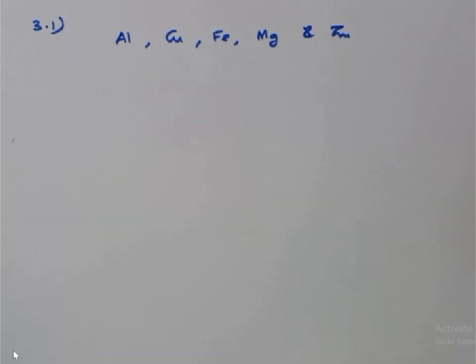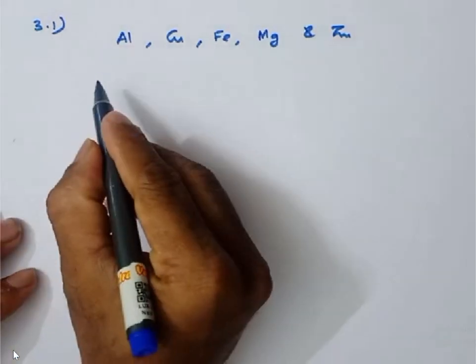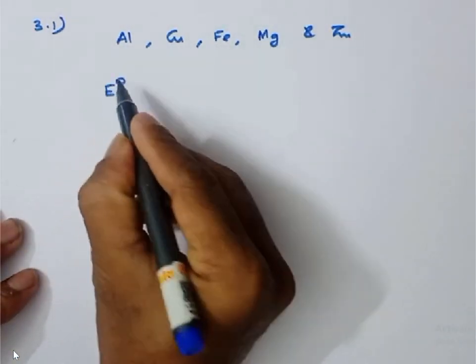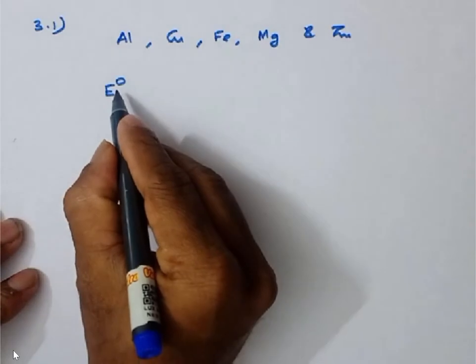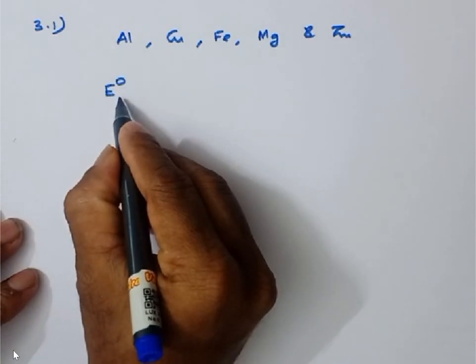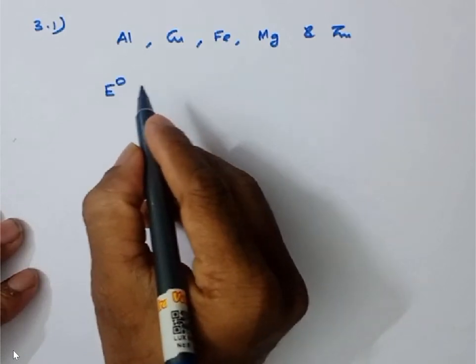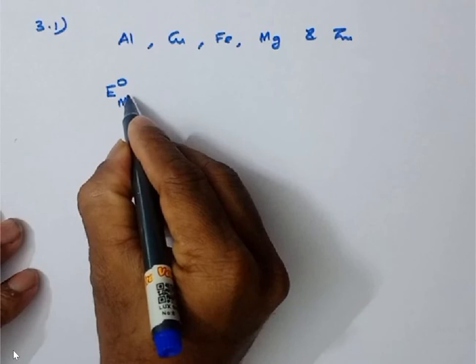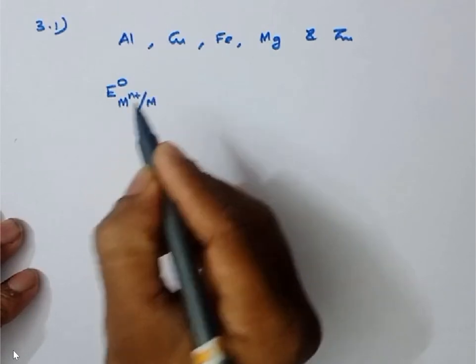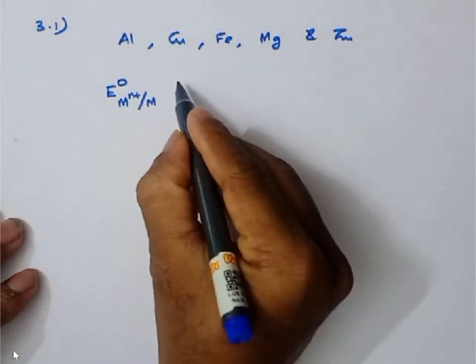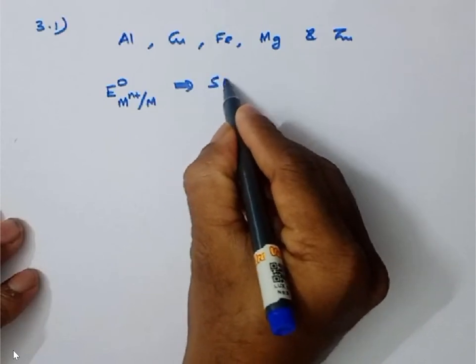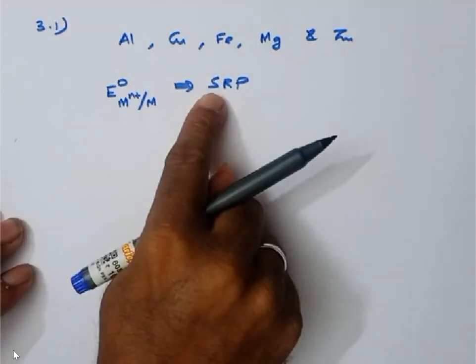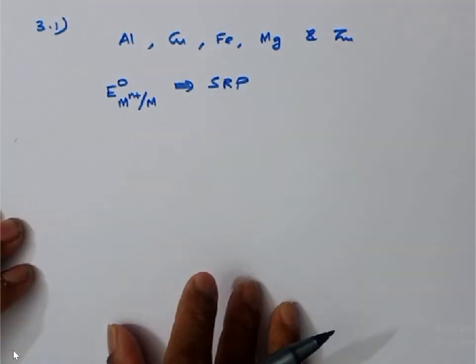Standard reduction potential, that is SRP, is for the metal ion becoming metal. Metal ion becoming metal is called reduction. What is SRP? Standard reduction potential of the metal.